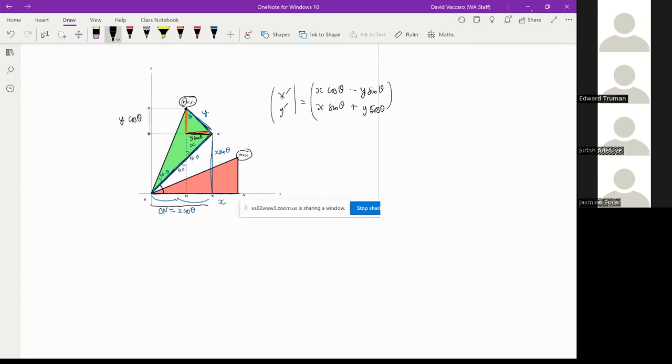And so as a matrix, this is cos theta, minus sine theta, sine theta, cos theta. Okay, now I'm going to give a real bonus mark for anyone in the chat who can tell me what type of matrix this is and why.